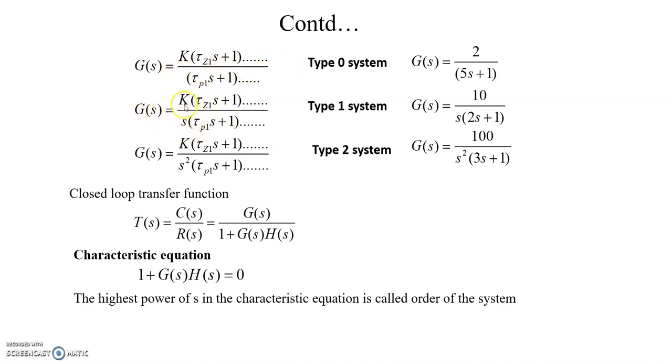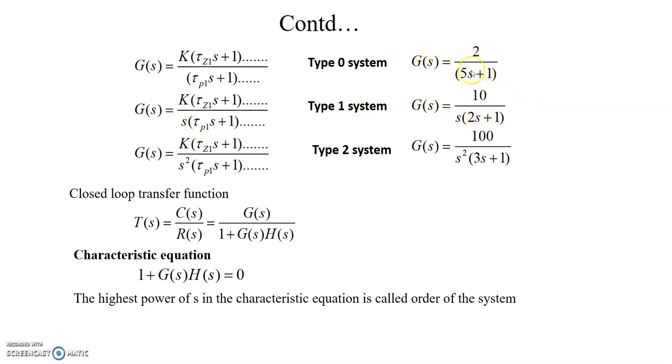G of s is equal to k into (tau z1 s plus 1) divided by s into (tau p1 s plus 1). Okay, here the s is present, so s power 1 means type 1 system. This is an example for type 1 system. This is the example for type 0 system.